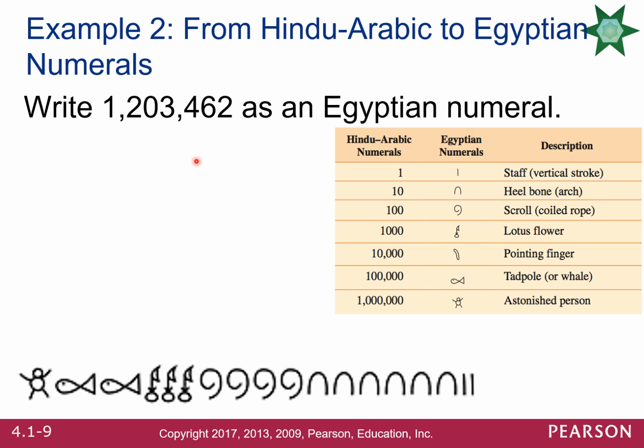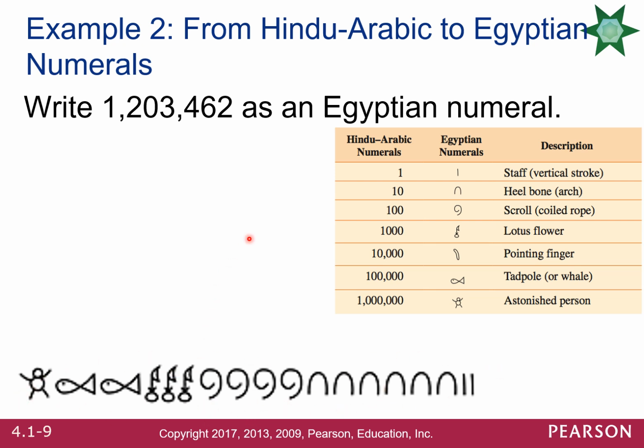Here we are given the value in Hindu-Arabic numerals. We will first read this value, and then we will write it in additive form, and then we will plug in the relevant Egyptian numerals to come up with the numeral. Now this is going to be the end result here at the bottom, but we will see whether we come up with the same numeral as they have come up with.